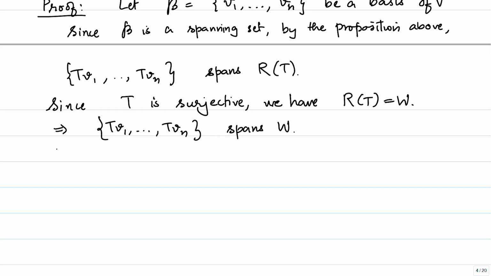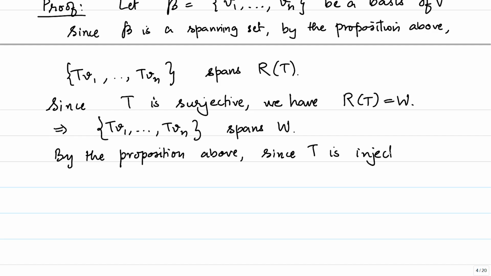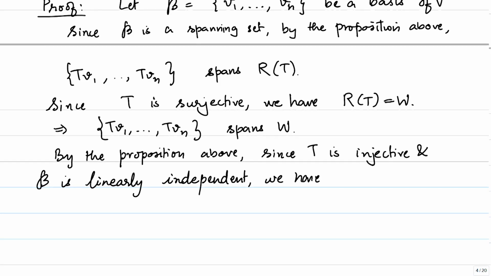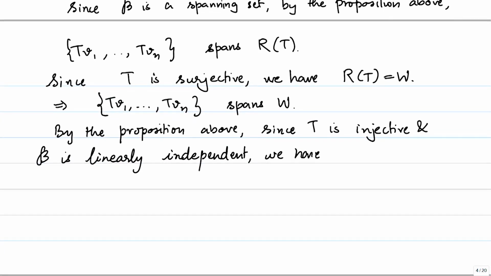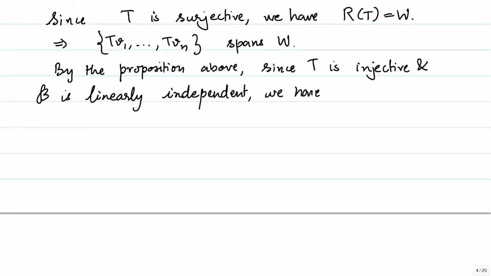But T is also an injective linear map, and by the second proposition above, since T is injective and B is linearly independent, we have TV1 to Tvn is linearly independent, and hence a basis.